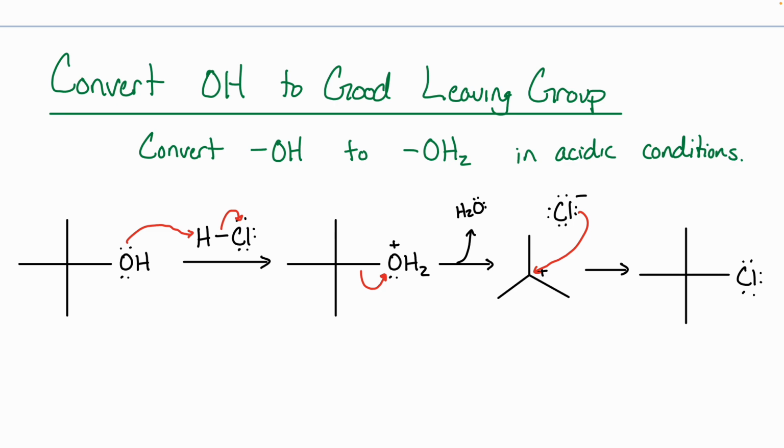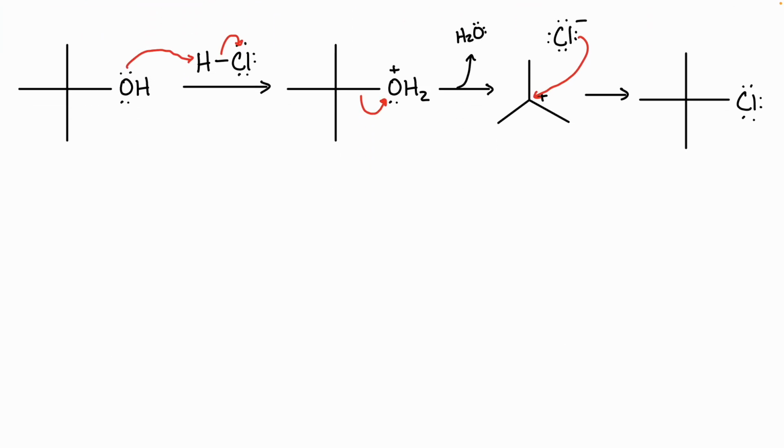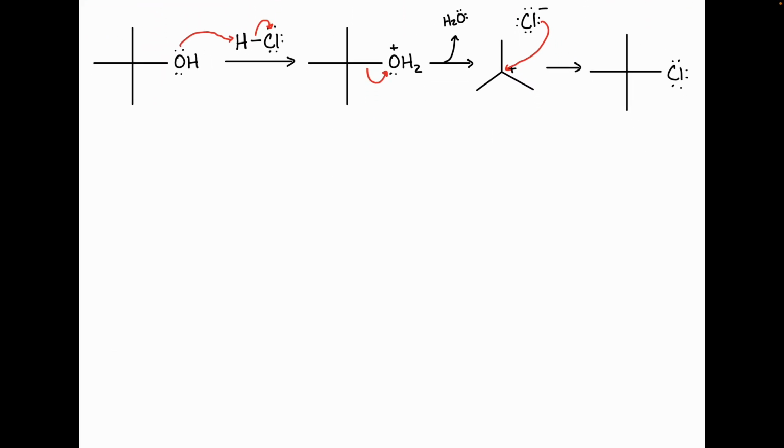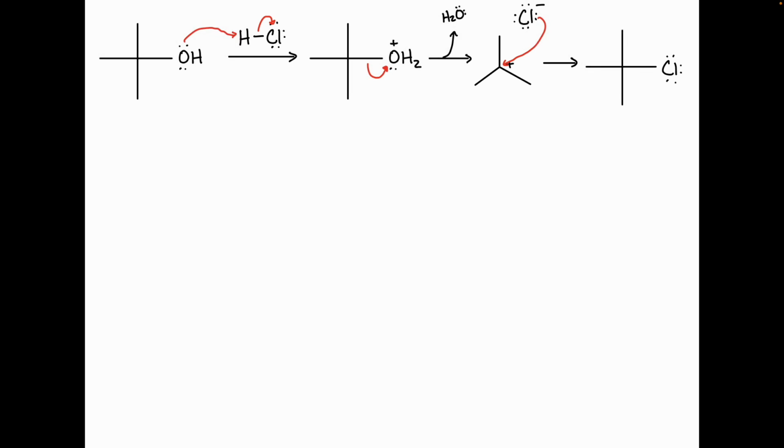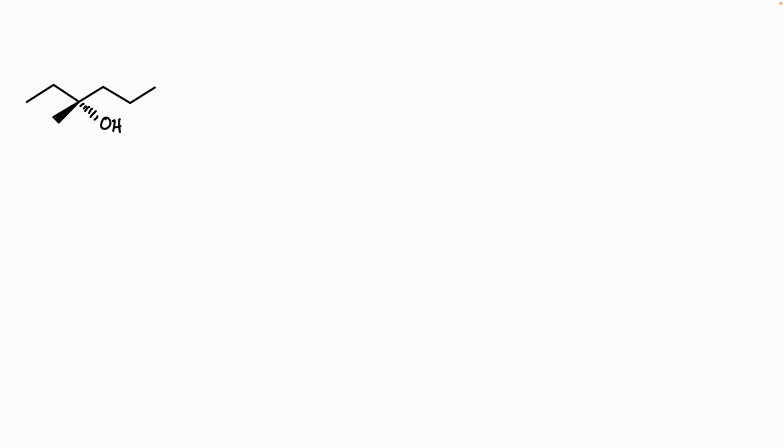Okay. One more thing to note about the consequence of these intermediates, these carbocations, would be if we did this reaction with, now let's do a stereospecific tertiary carbon. Okay, so here's my alcohol. Now it's got that stereospecificity.